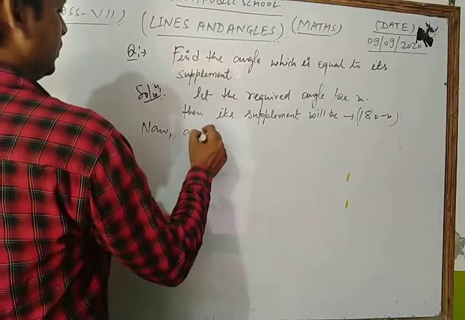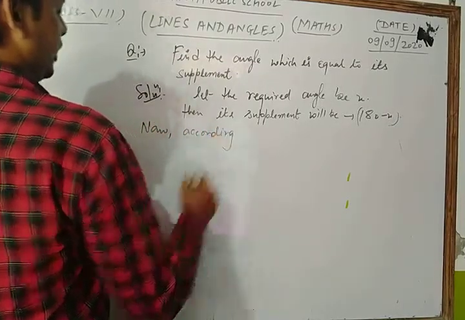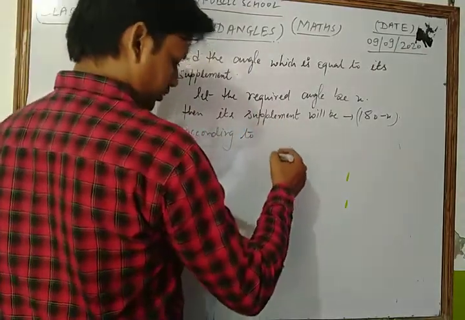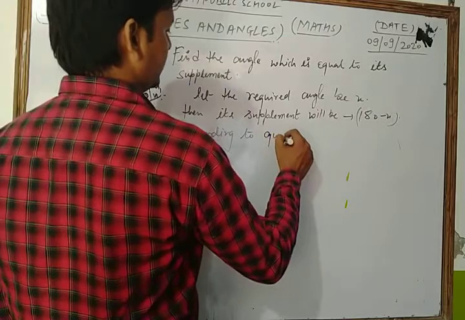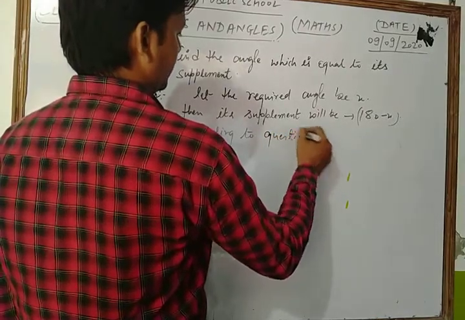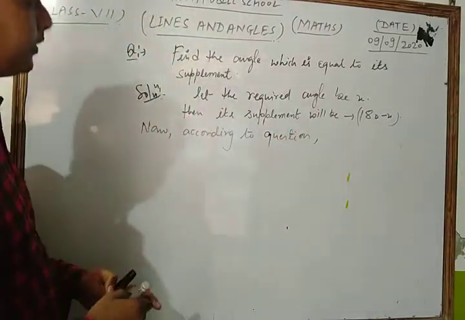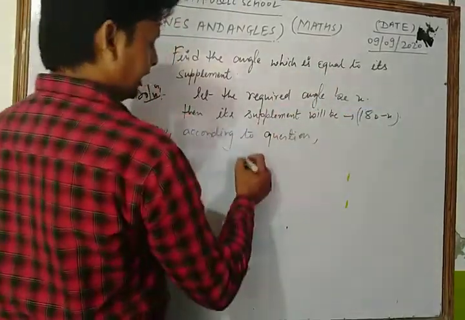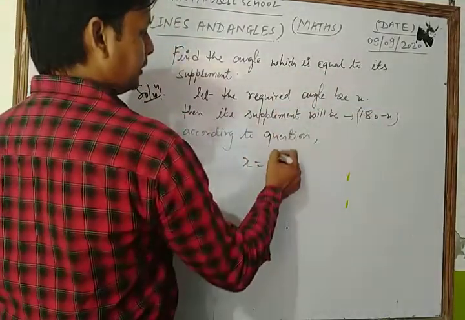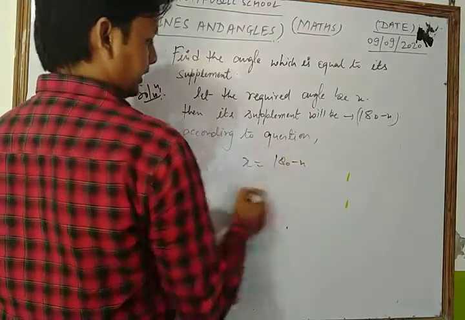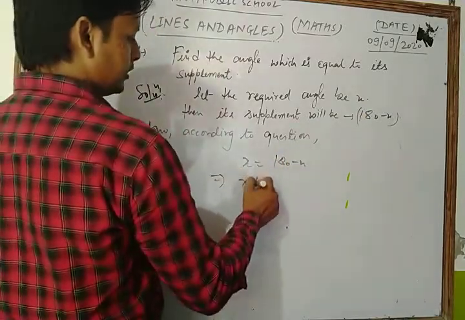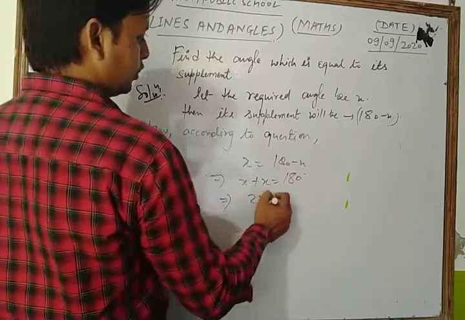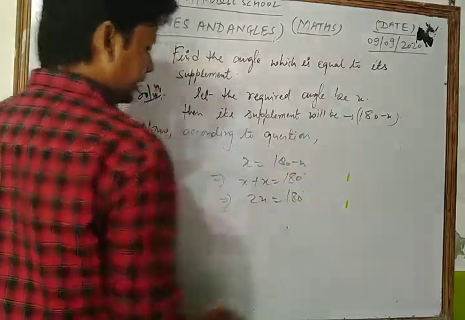Now according to the question, find the angle which is equal to its supplement. So the angle x is equal to its supplement, which means 180 minus x. After solving, 2x is equal to 180.